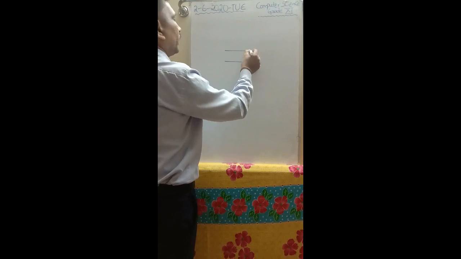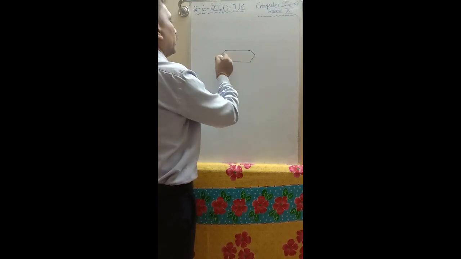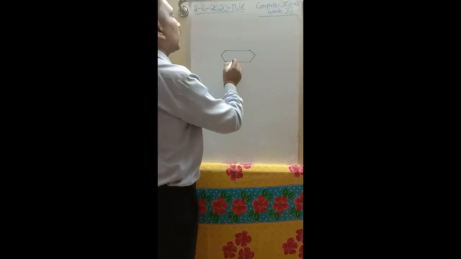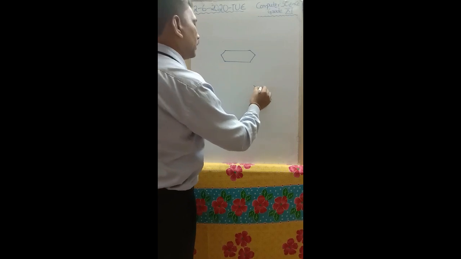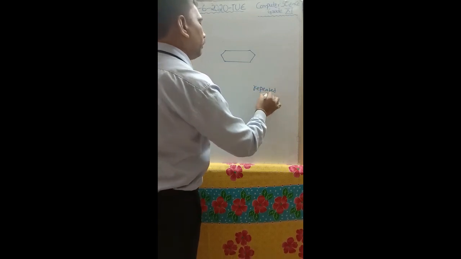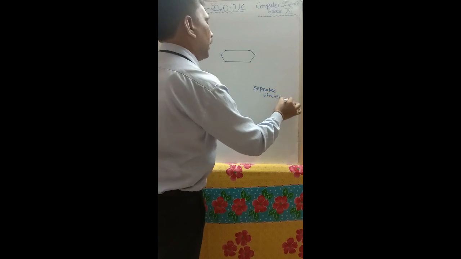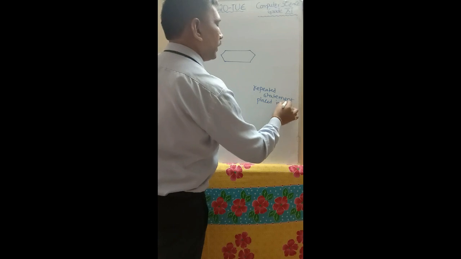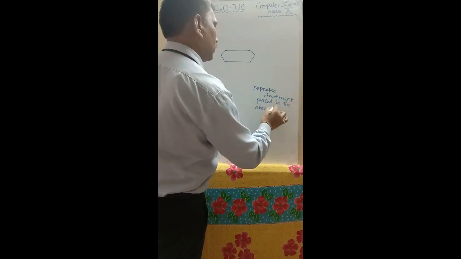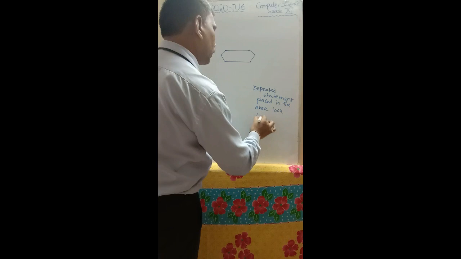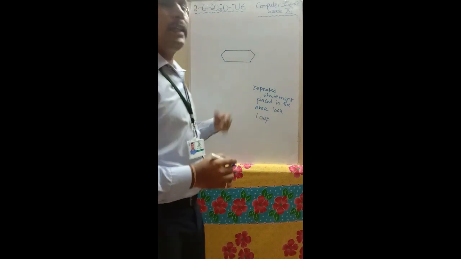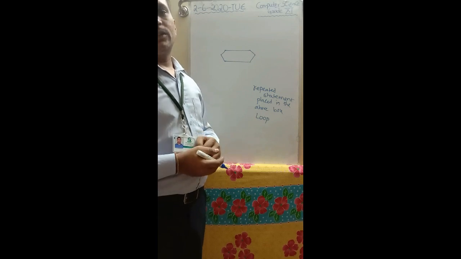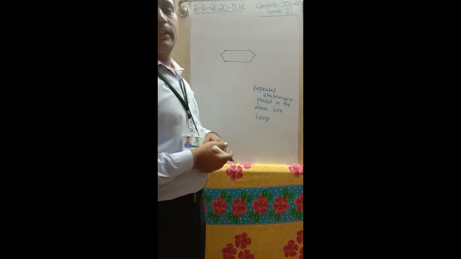Those repeated statements can be placed in this box. Loops are those repeated statements, placed in the above box. That is called a loop. Loop means when you are writing programs, a set of statements is repeated a number of times. So those statements are placed in this box.